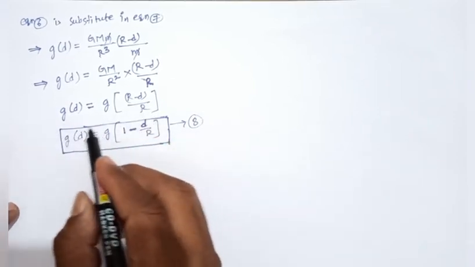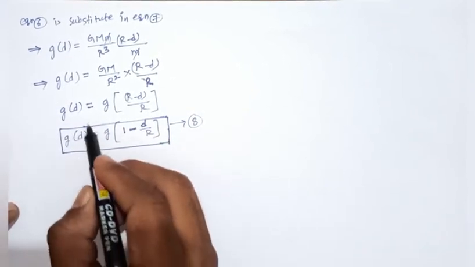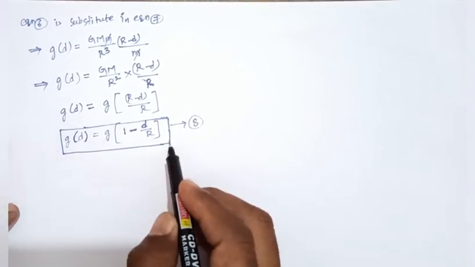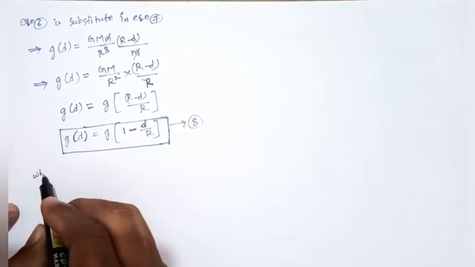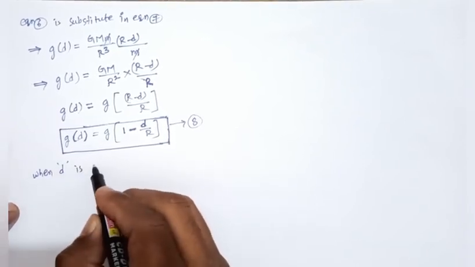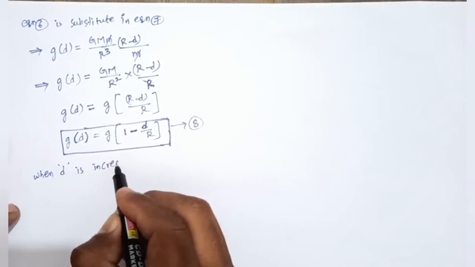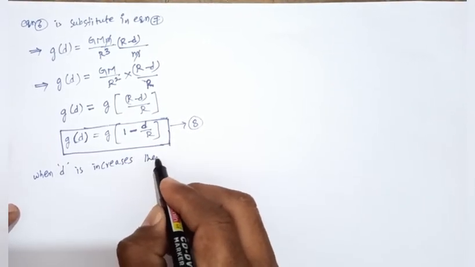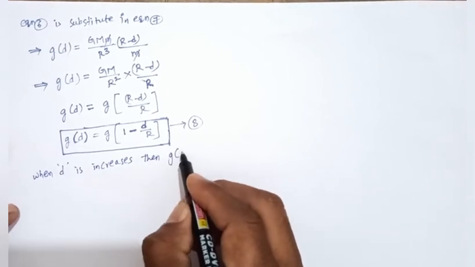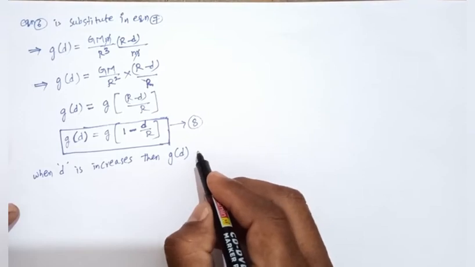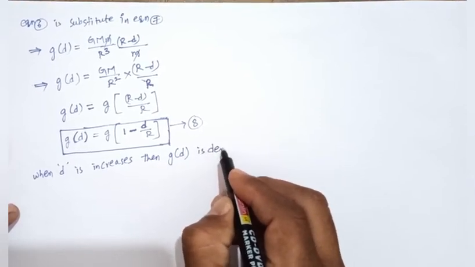Then the total acceleration due to gravity at that particular point decreases when d increases. So acceleration due to gravity at depth, g of d, decreases.